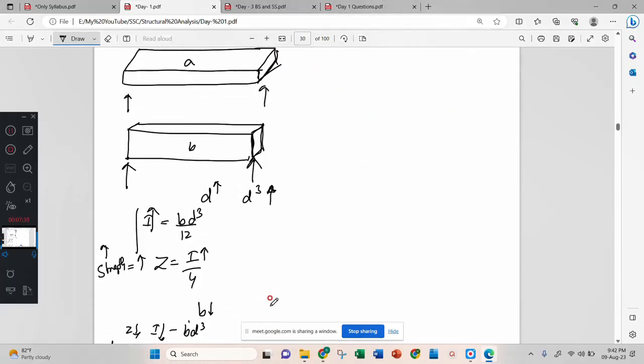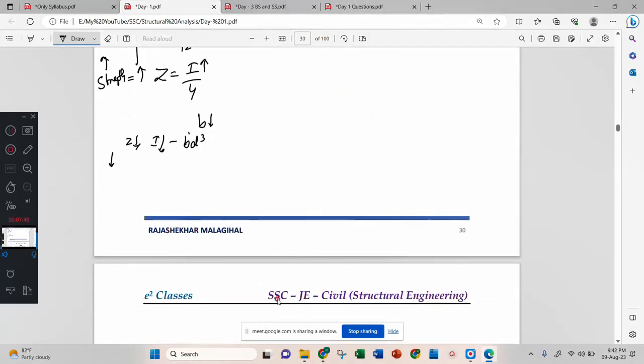Now tell me, which will be more strength? A square and circle of same height. Which is more strength? 1 and 2. Can anyone tell? Circle is more strength?